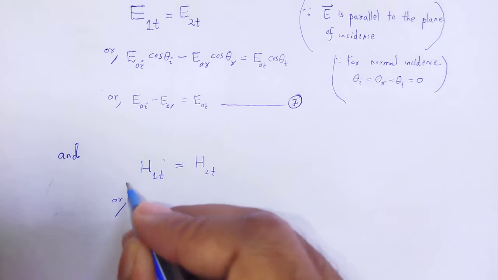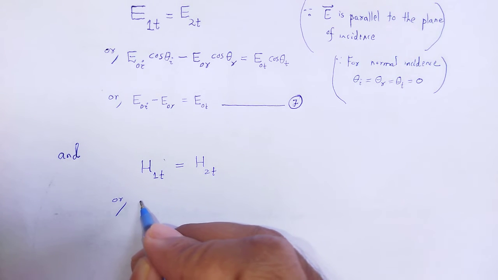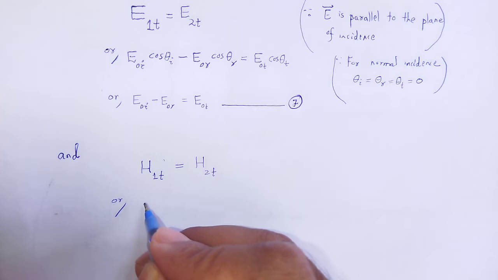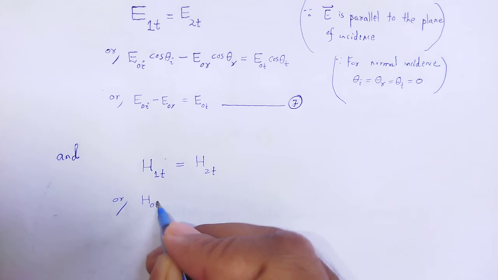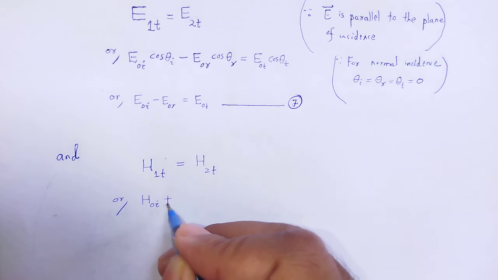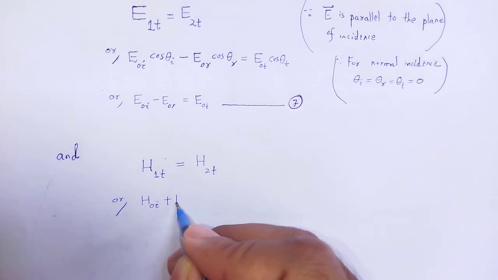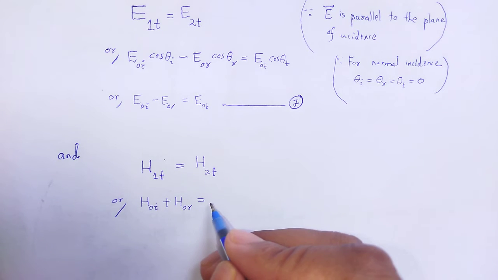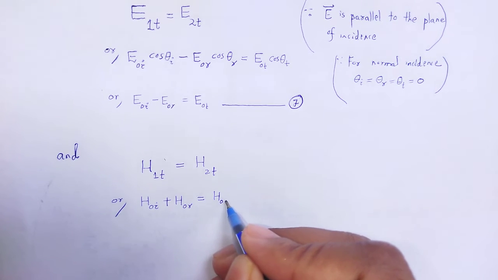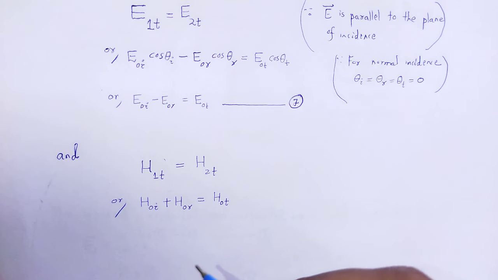Therefore, at medium 1, for the incident wave and reflected wave, the amplitude of the incident wave is H0I, the amplitude of the reflected wave is H0R. Next, at medium 2, it is the amplitude of the transmitted wave.